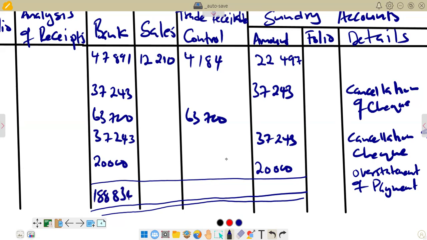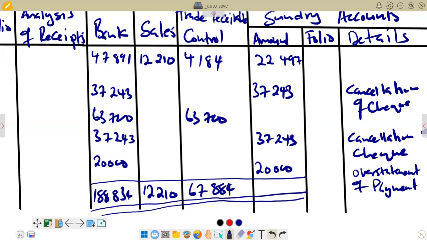Next, under sales we have 12,210. Then under trade receivables control, if you add there, you get 67,884.